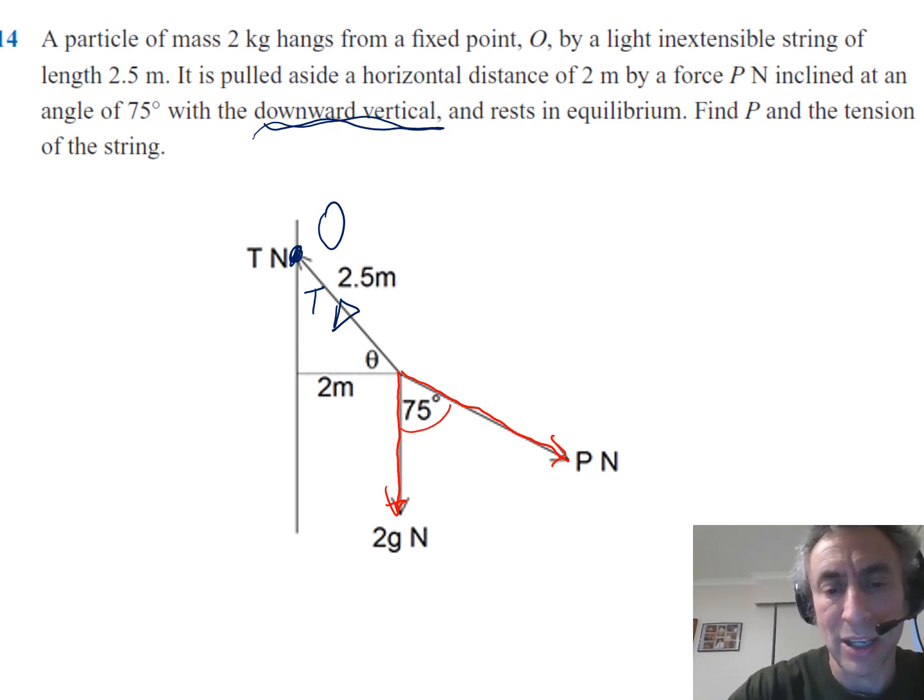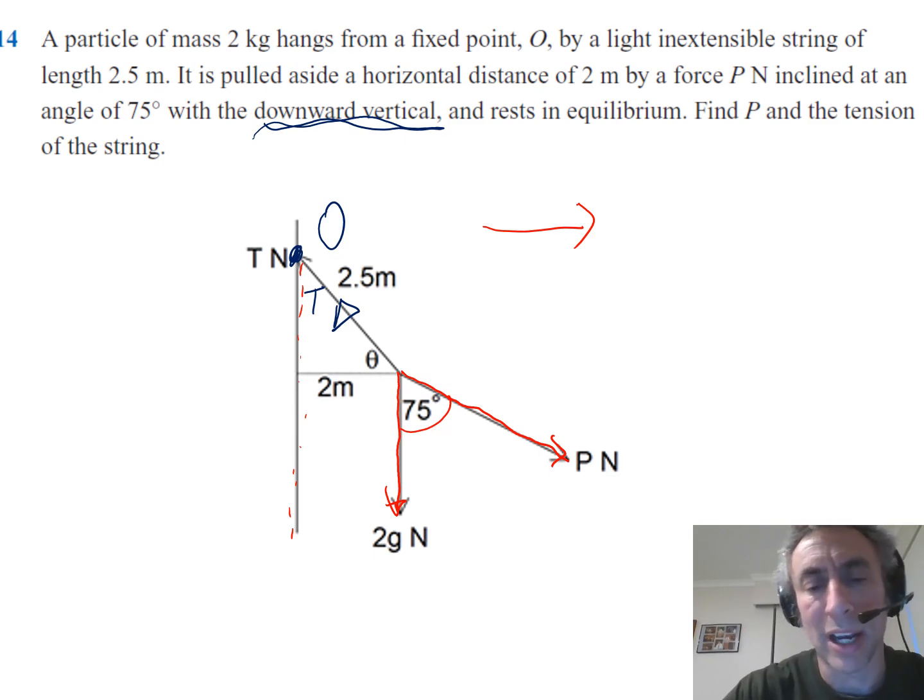Now, of course, you can see it's being pulled in this direction away from the natural hanging position, which would be directly below the fixed point O, and it's been pulled to the side. So that's why P, with respect to the downwards vertical, runs off in that direction and not to the left.